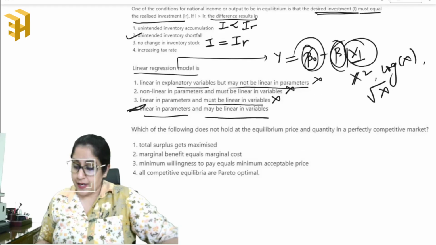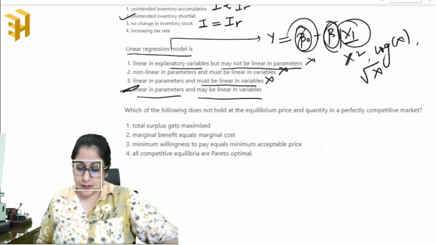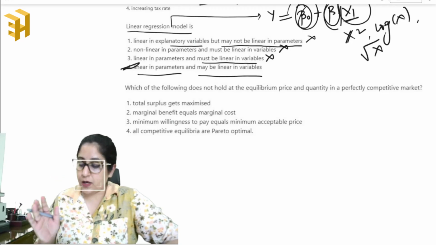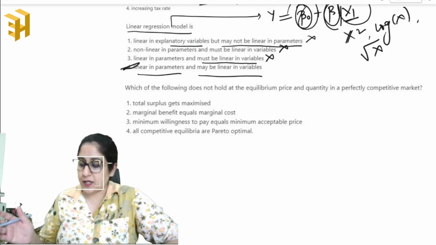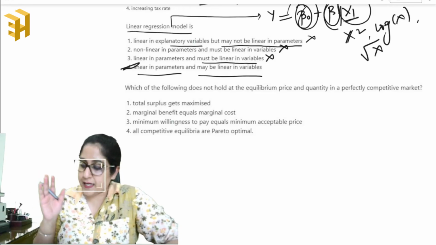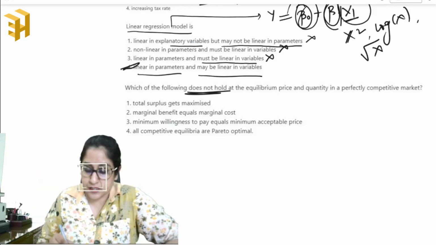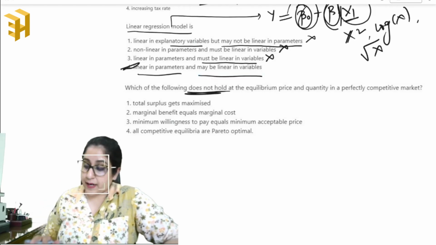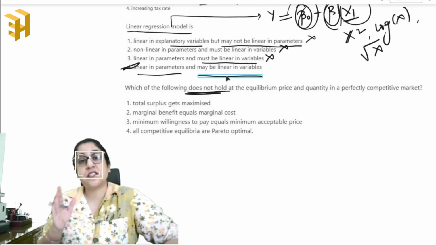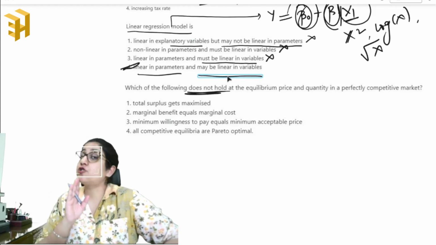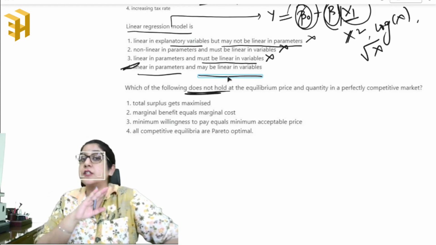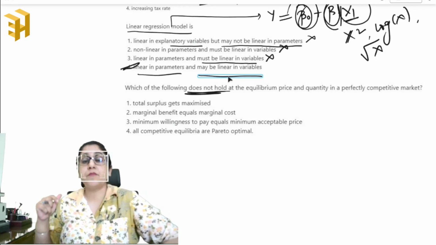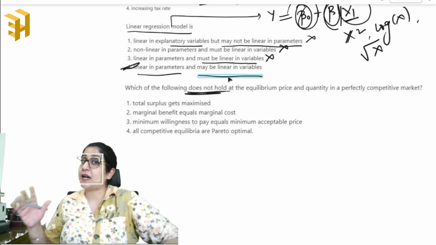Last question is, which of the following does not hold for the equilibrium price and quantity in a perfectly competitive market? Now, in this perfectly competitive market, first statement: total surplus gets maximized. That is true. Why? Because there is no deadweight loss. Consumer surplus is maximum, producer surplus is maximum that can be there.